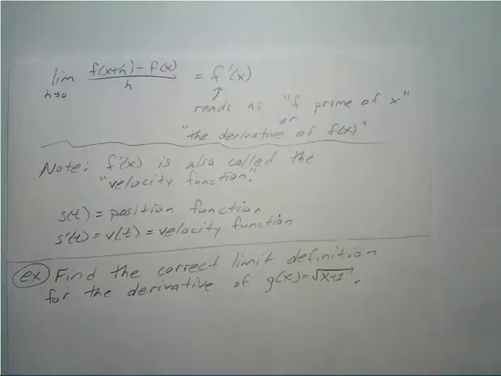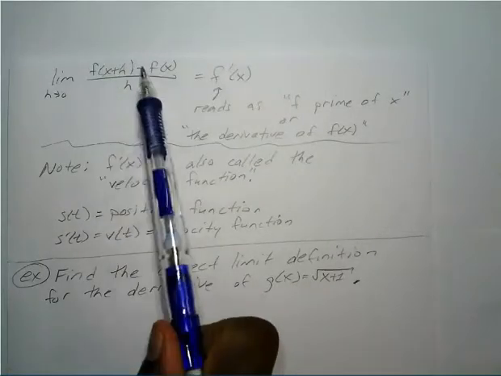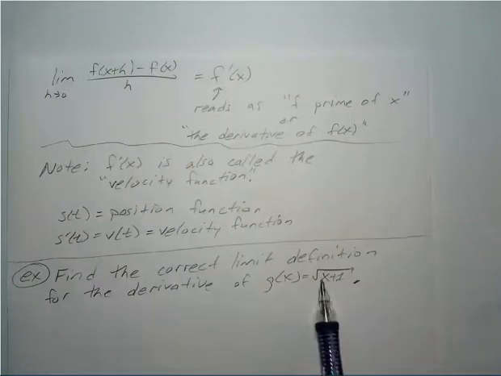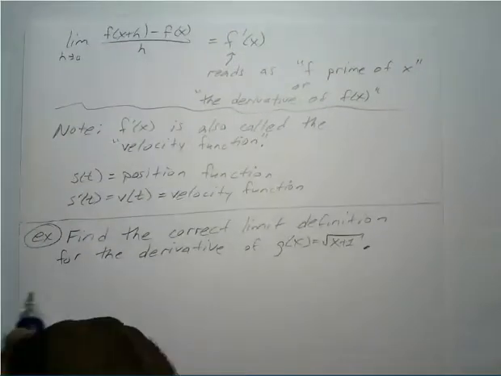All right, now we're not going to solve this. We're just going to find the correct limit definition, which means basically we're going to use this definition and find the right values for it.